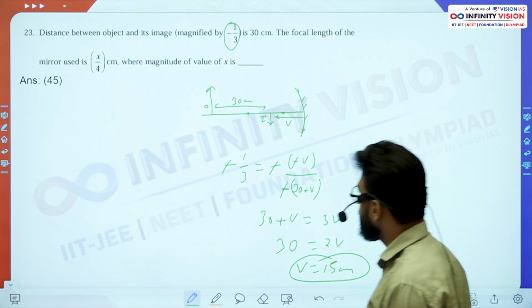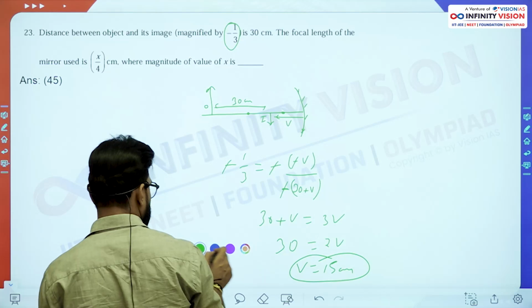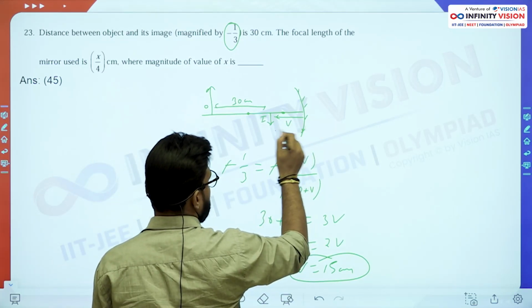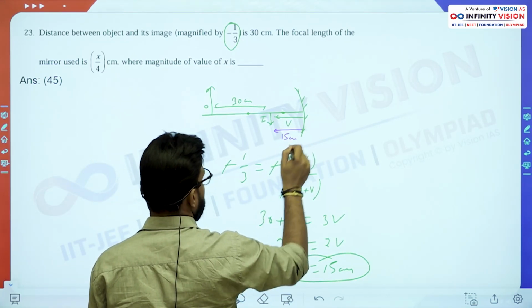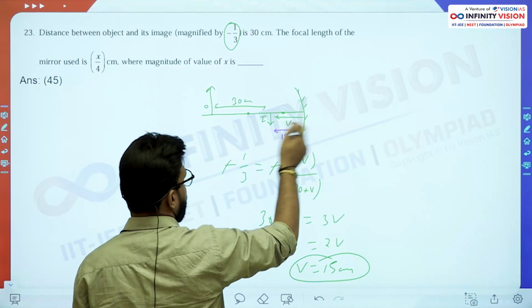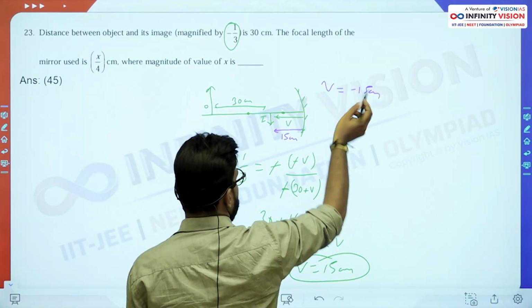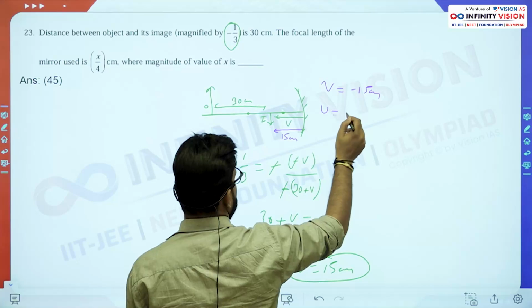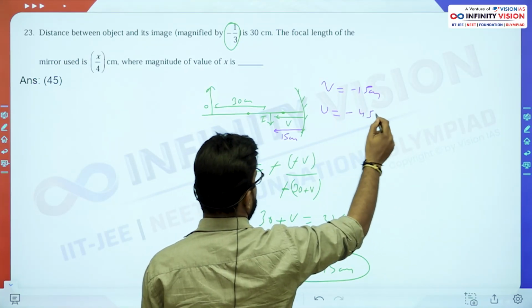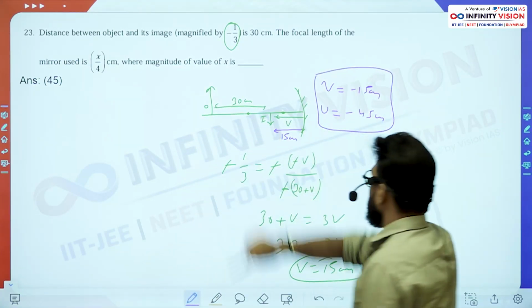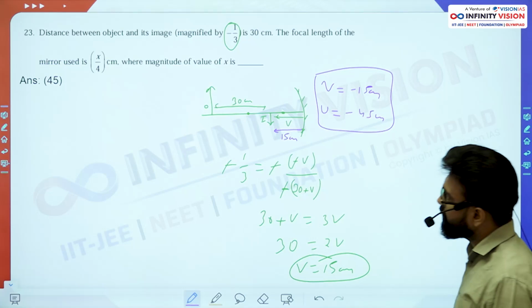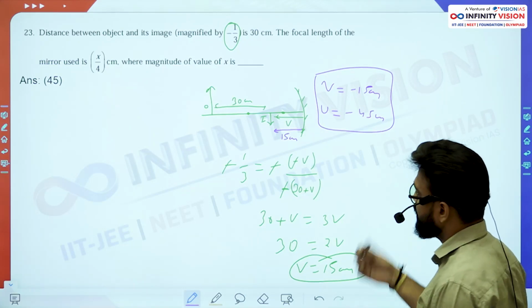Okay. So that means this length is 15 centimeter. So V is minus 15 centimeter and object is minus 45 centimeter. From this we can easily calculate the focal length.